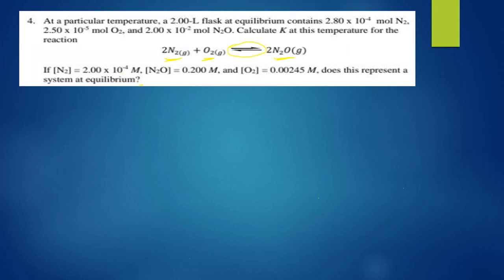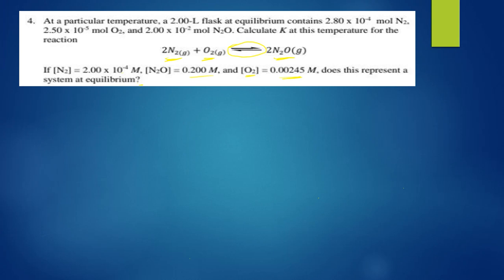The question continues: if the nitrogen concentration is 2.00 times 10 to the power negative 4, measured in molarity, and the concentration of nitrogen oxide is 0.200 molar, and the concentration of oxygen is 0.00245 molar, that's a molarity. Does this represent a system at equilibrium?